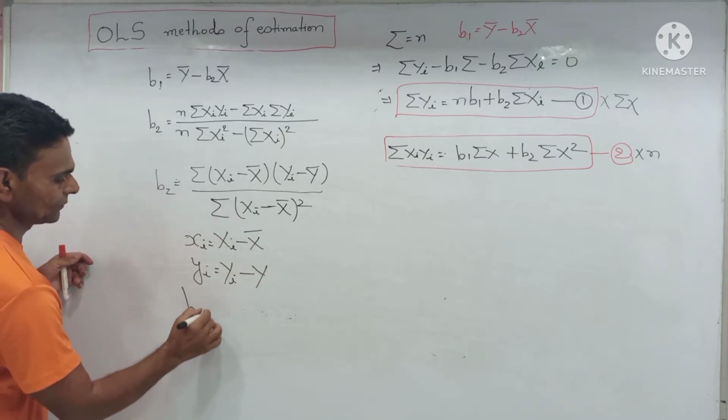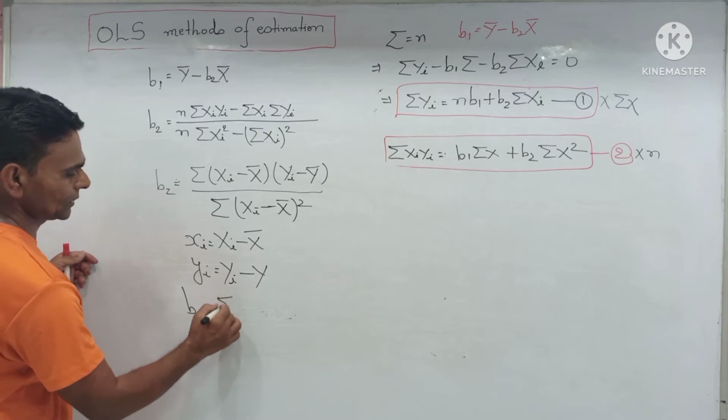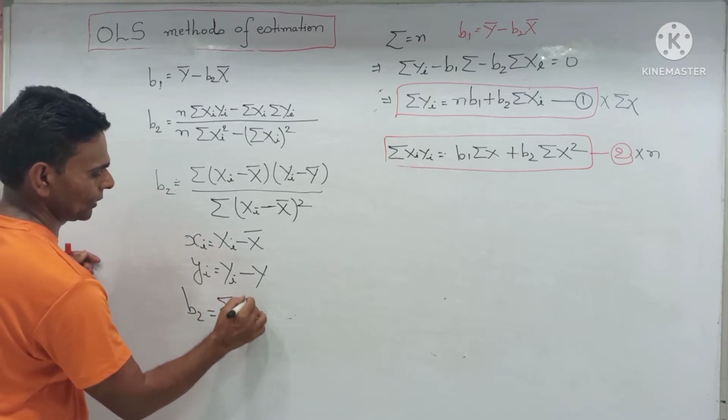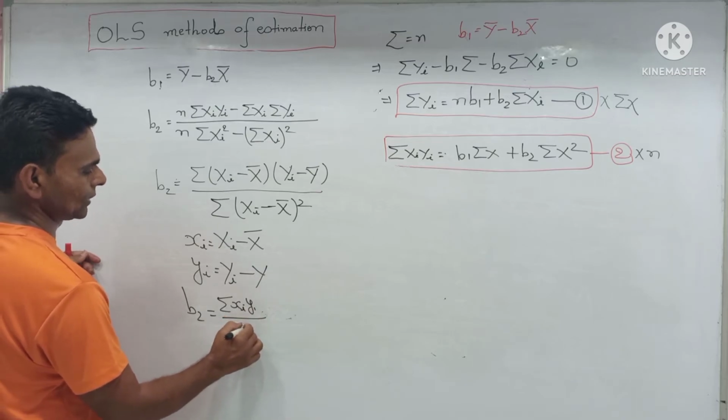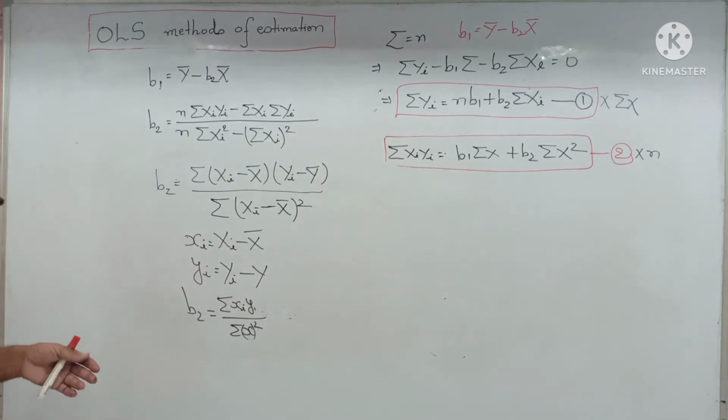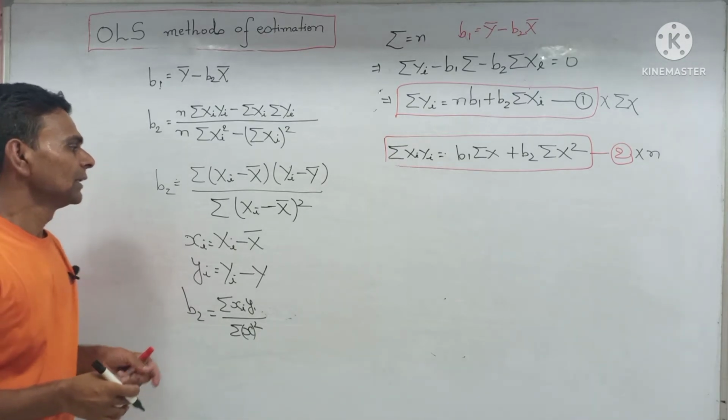Now in deviation form it becomes summation of xi yi divided by summation of x square. This is in deviation form.